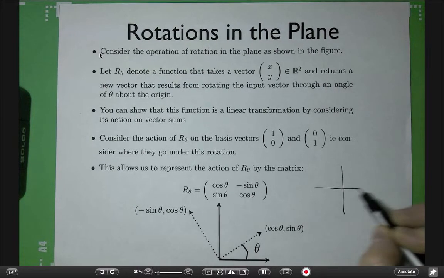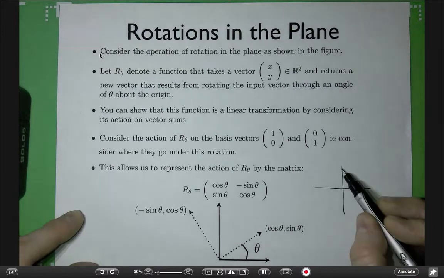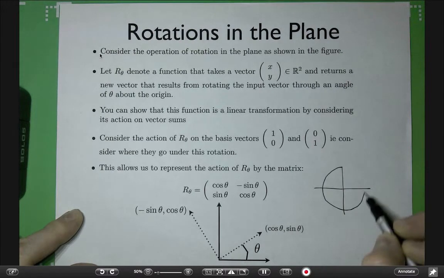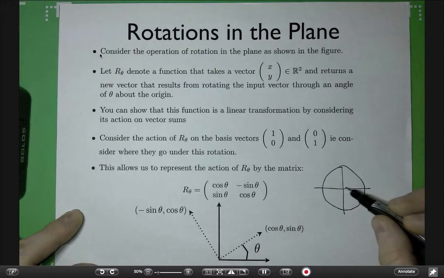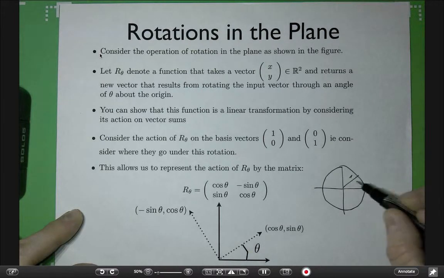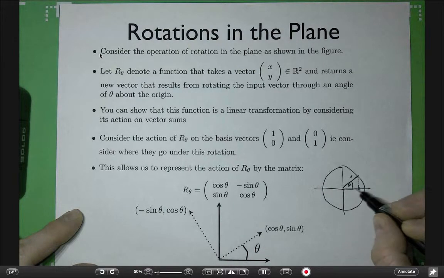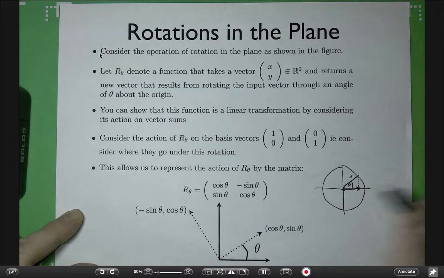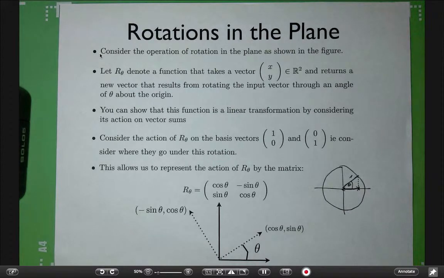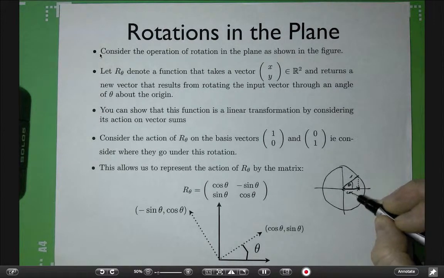If I have a unit circle, so this is an edge of length 1, and here is angle theta, then from basic trigonometry, the length of this edge is cosine of theta.